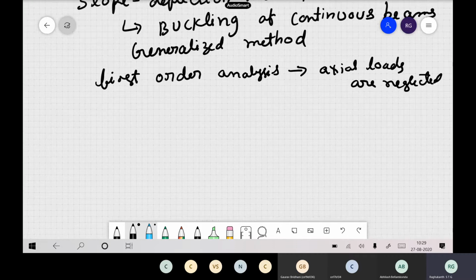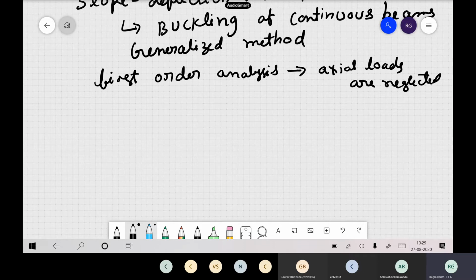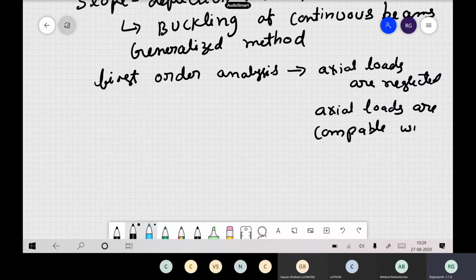But sometimes in buckling, when axial loads are very high, of comparable nature, comparable with the critical loads, they are not so low that you can ignore them. Then in your slope deflection equations, you have to include these axial loads also.